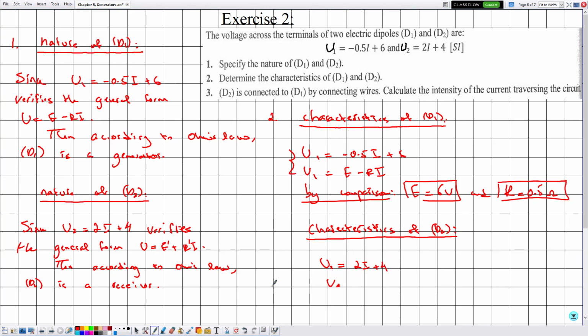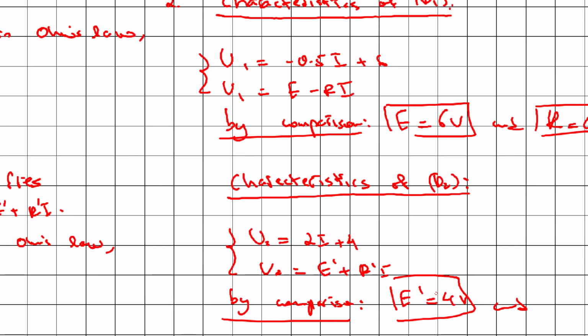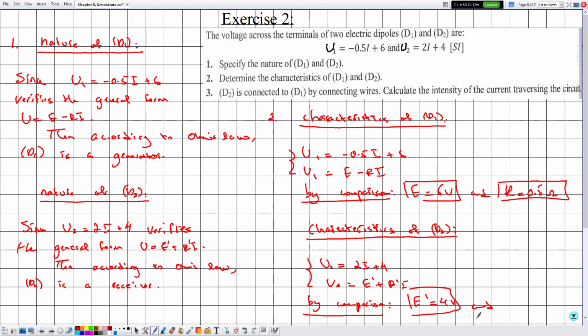And the general form that we are referring to is E prime plus R prime I. So in this case, by comparison, we can say that the characteristics of D2 are given by E prime, comparing the constant, is equal to 4. And comparing the current, R prime would be equal to 2. And everything is expressed in SI units, so the value of the internal resistance is 2 ohms.